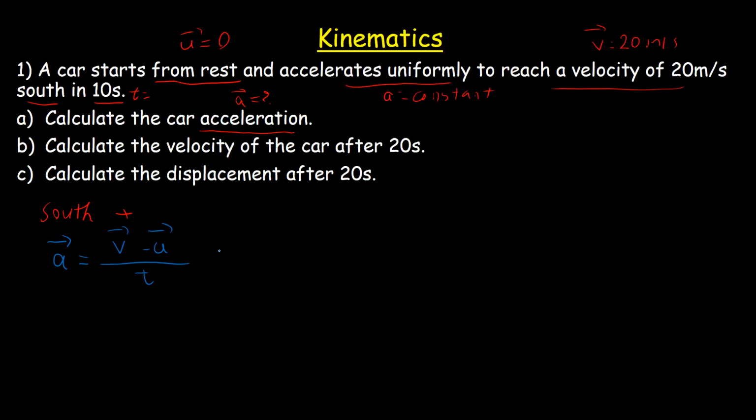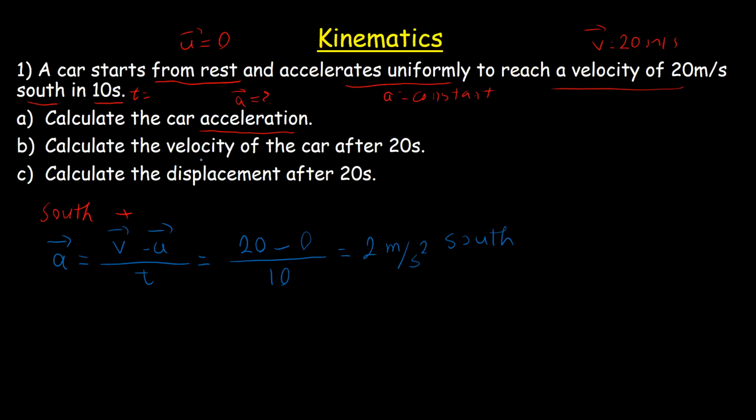I don't have acceleration, I have v, u, and t, so I substitute the numbers. v equals 20, and as I said, south is positive, minus u is 0, time is 10. So it's equal to 2 meters per second squared. And as it's positive, the direction of acceleration is also south. This is the answer for part A.